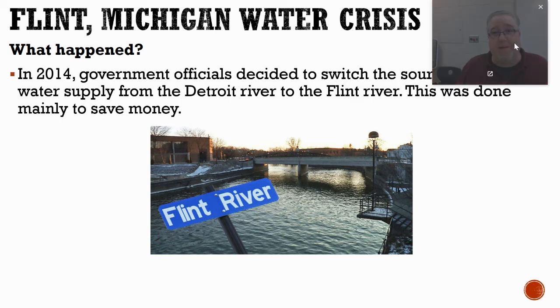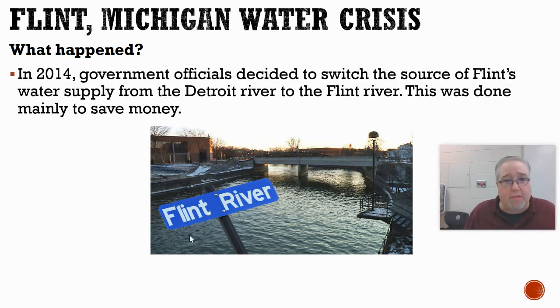Now, what happened in Flint, Michigan was basically in 2015, the government of Flint and also the governor of Michigan decided to change water sources for the city's drinking water.